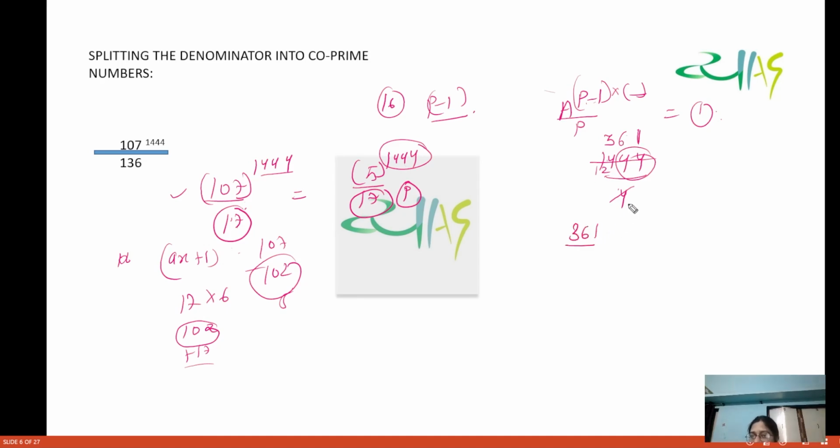Now this 361 is not divisible by 4 again, because we need to make it to the power of 16, but we can still make it. How?